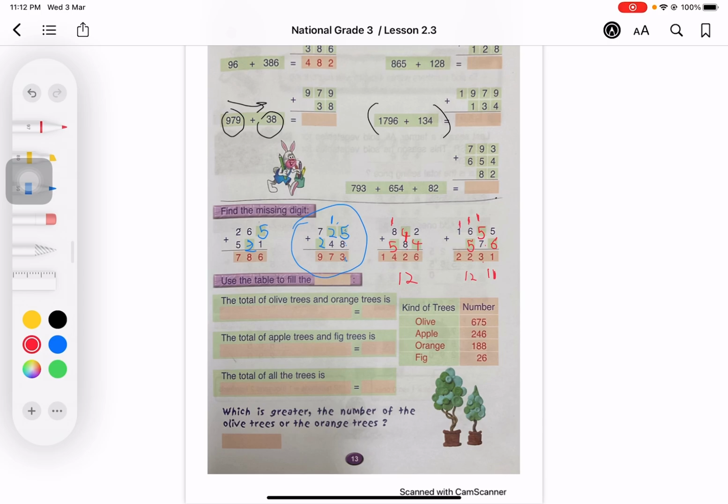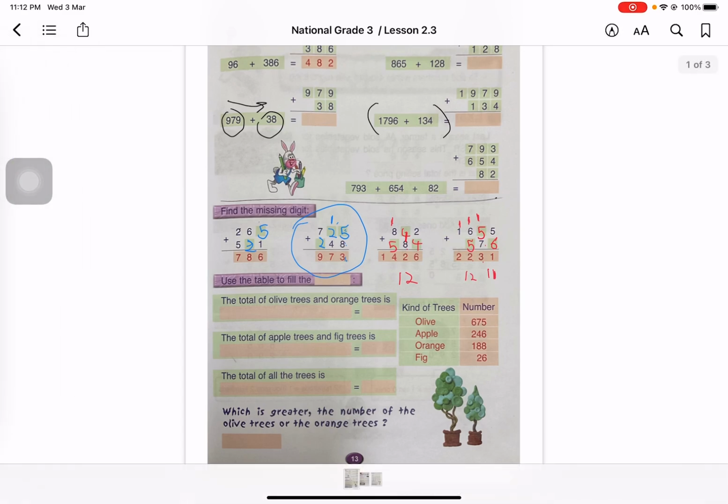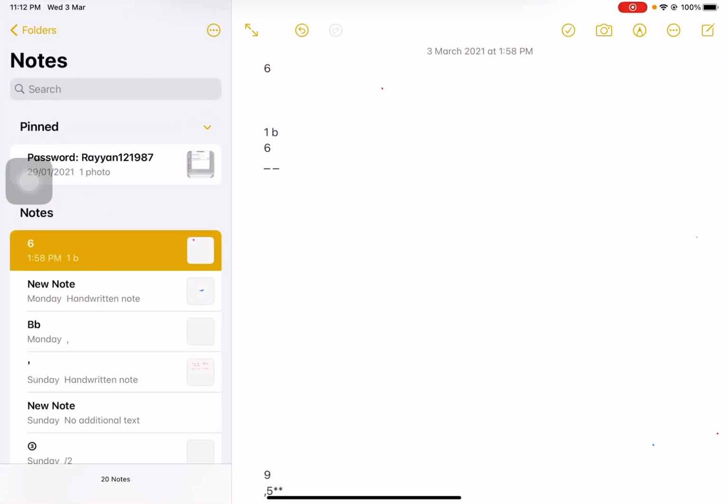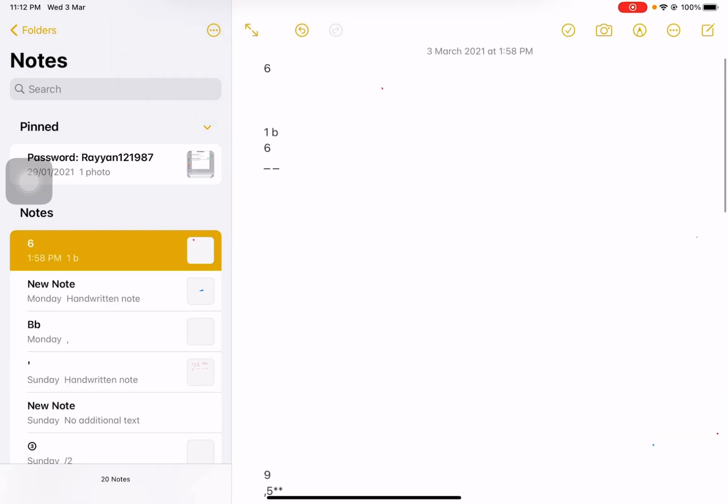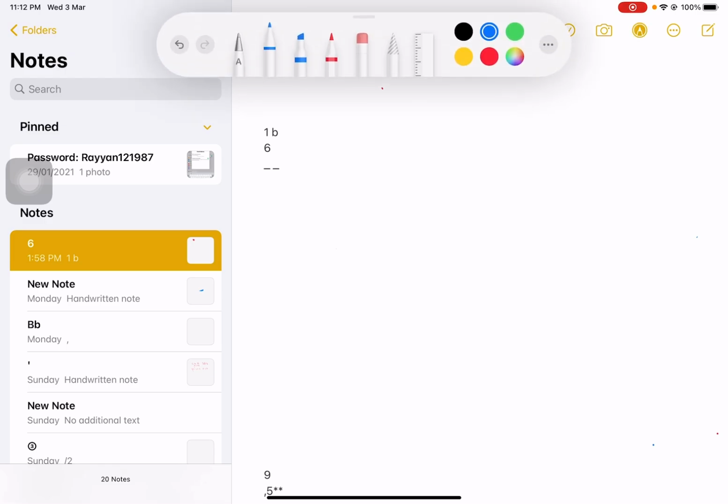So you should start digit by digit. If you have a number, for example 5 in the ones, and they wrote for you a box here, and the 5 becomes 6.